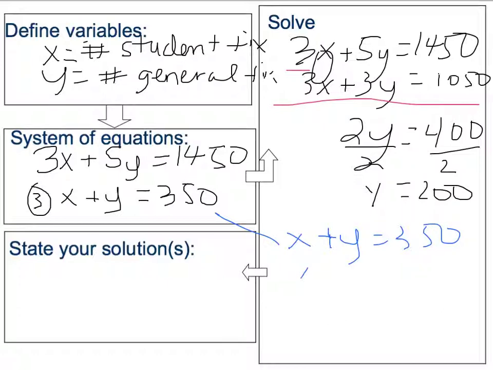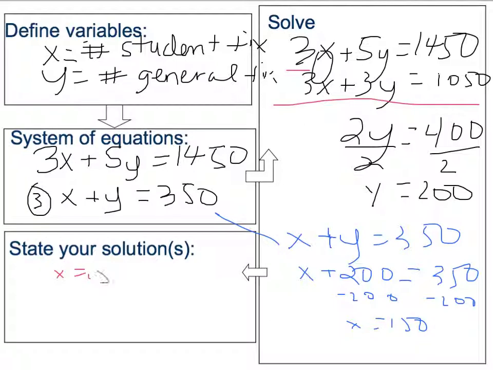I'm going to substitute in 200 for y. So if I subtract 200, I get x is equal to 150. Okay, so my solution is x is 150 and y is equal to 200.